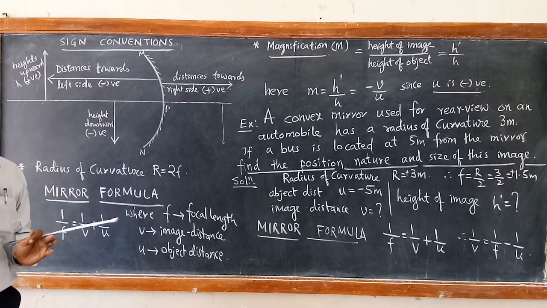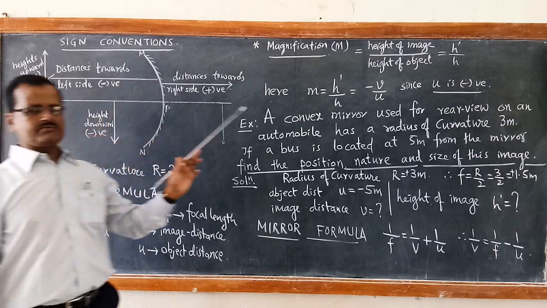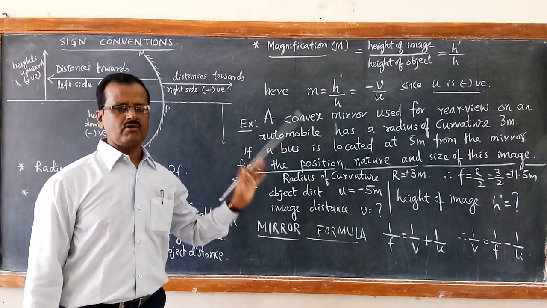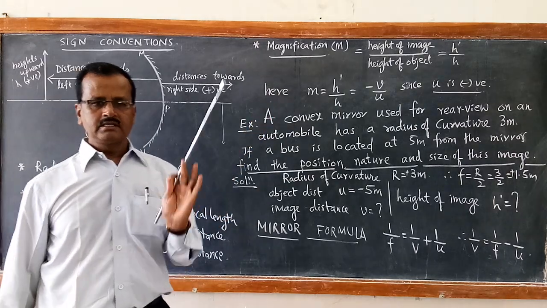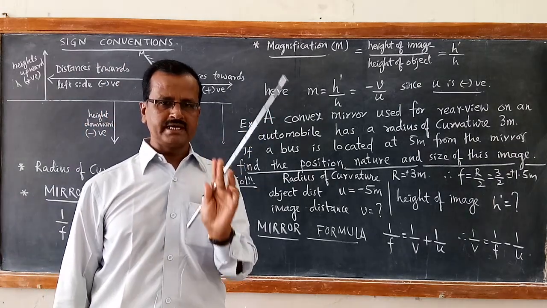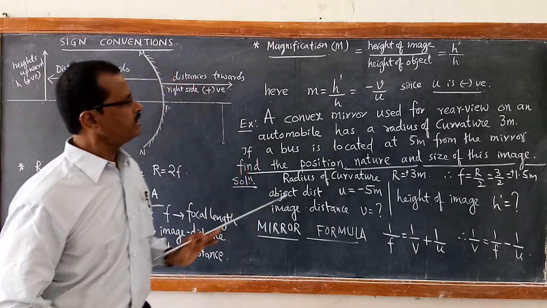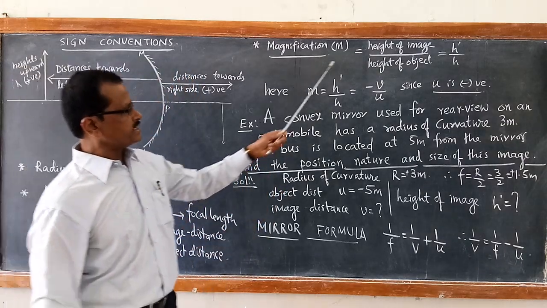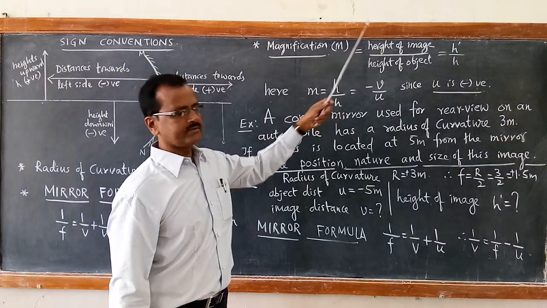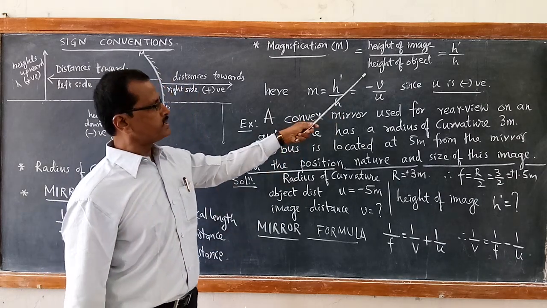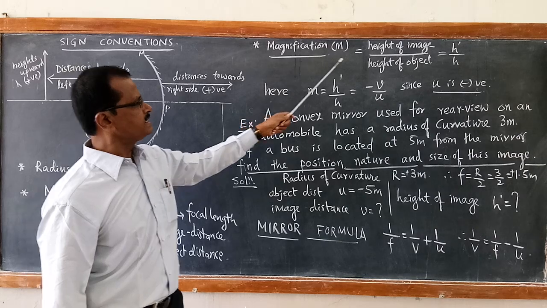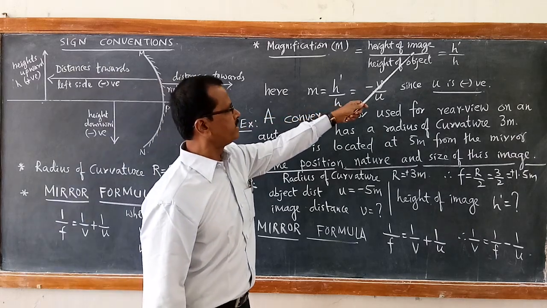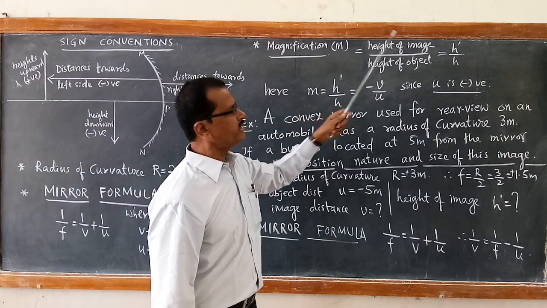Magnification is defined as the ratio of the size of the image to the size of the object. The size of the image is measured as the height of the image, and the size of the object as the height of the object.